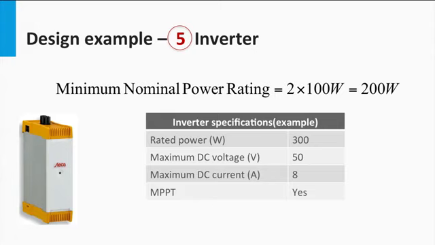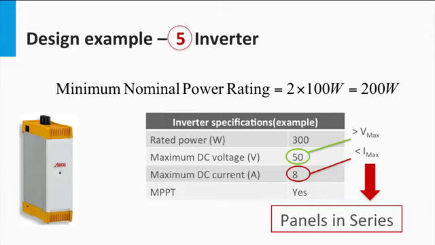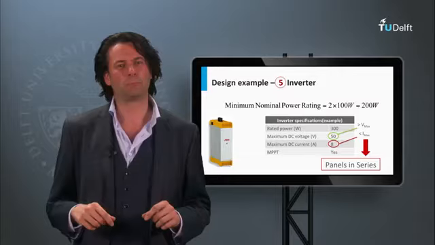Looking at the IV ratings of the DC side of the inverter, we see that the maximum DC input voltage for the inverter is greater than the maximum voltage. On the other hand, the maximum DC input current for the inverters is less than the maximum current, but greater than the short circuit current. Thus we can say that the ideal panel configuration could be in series.